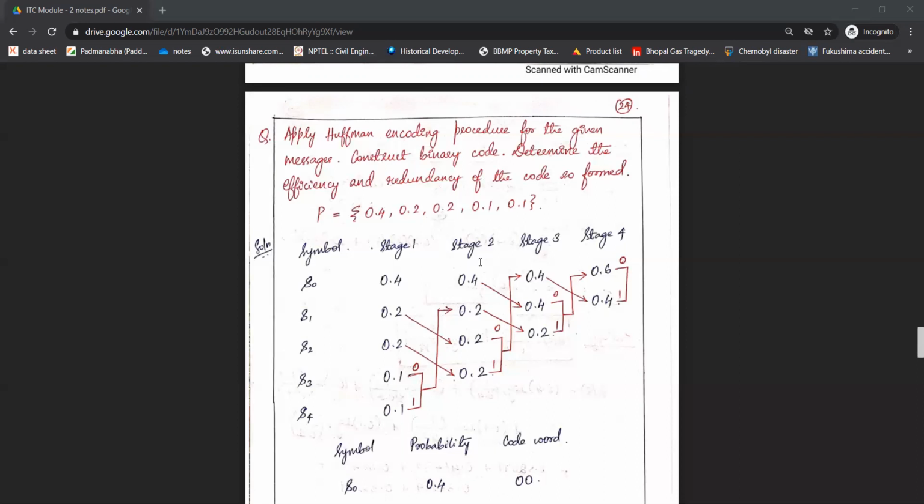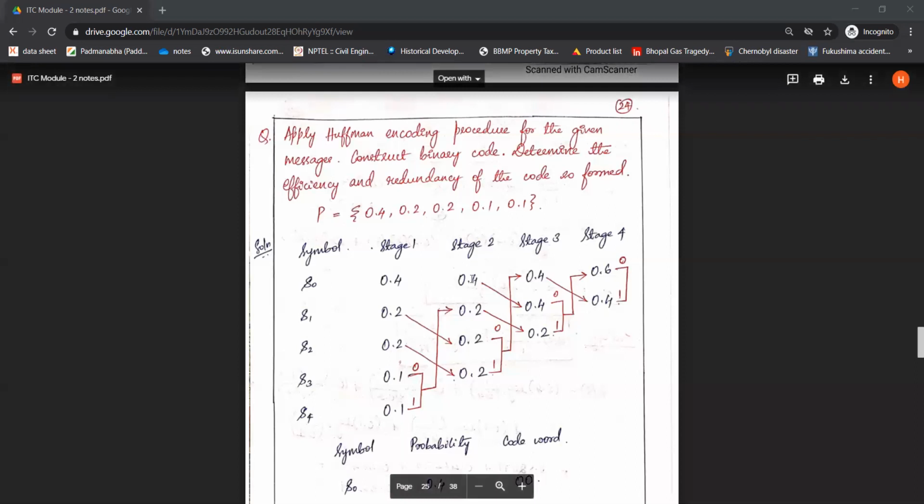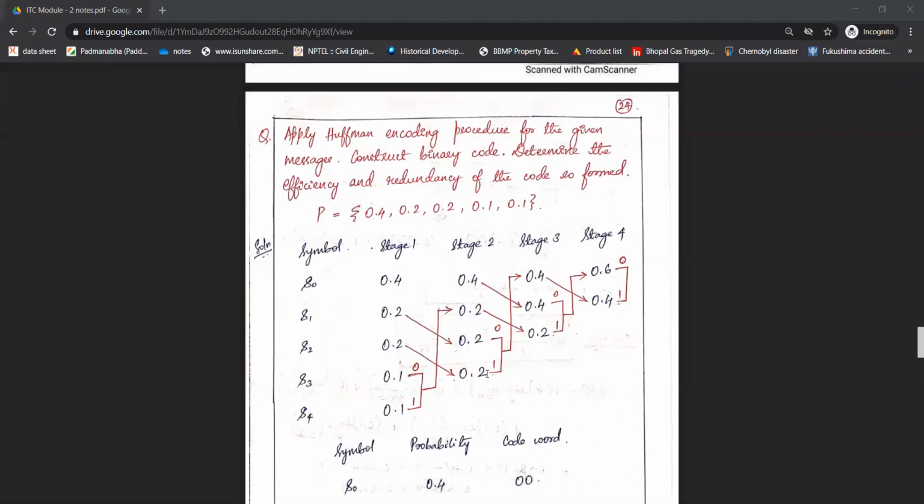Next, in stage 2, you're supposed to follow the same procedure. It is already arranged in decreasing order. We are supposed to identify the least two values of probability. So we have again 0.2 and 0.2. After identifying them, we'll assign a value 0 and 1 for that. So I've assigned 0 and 1.